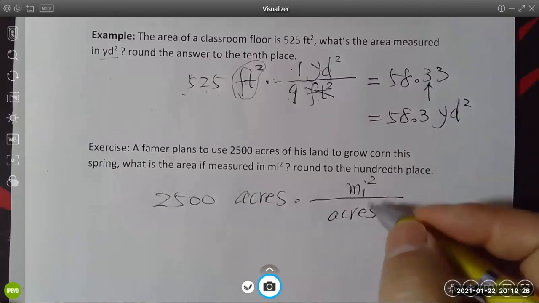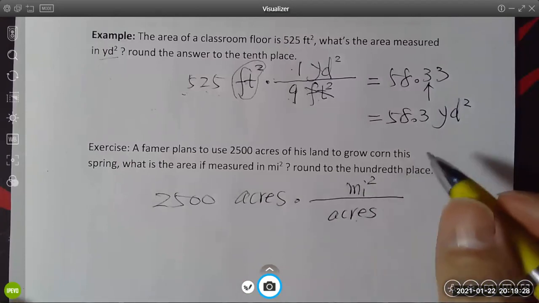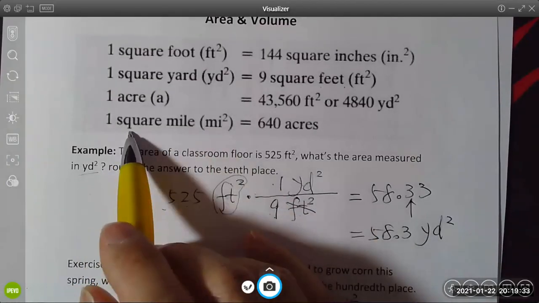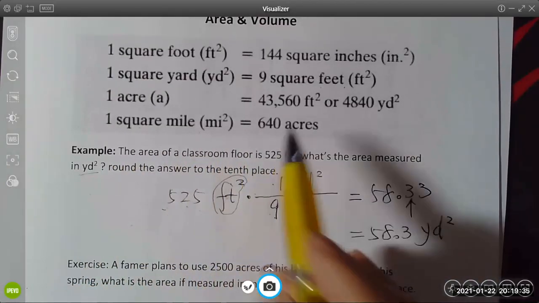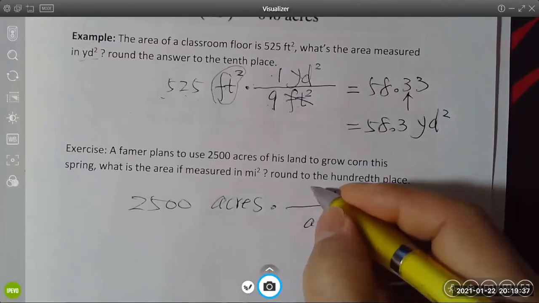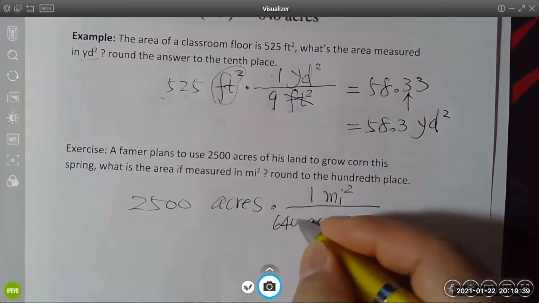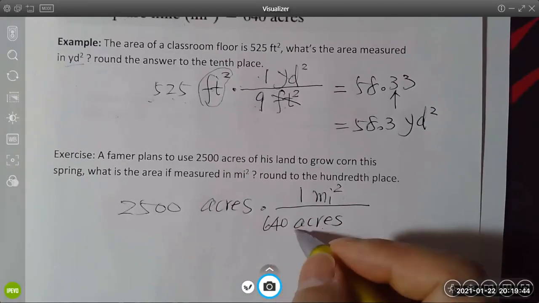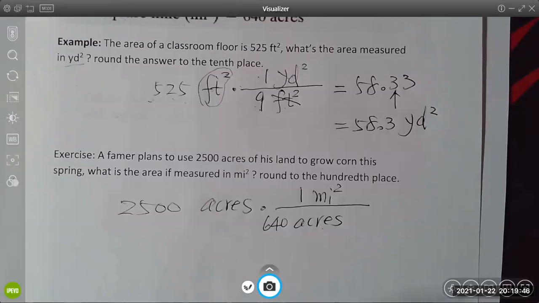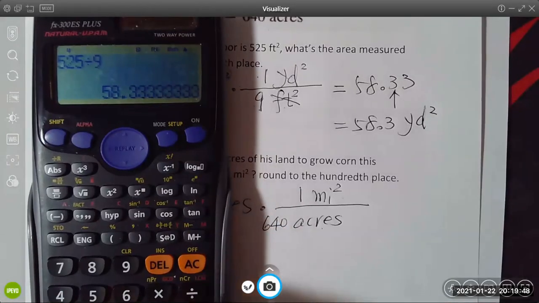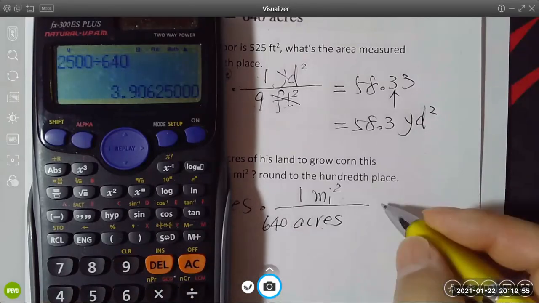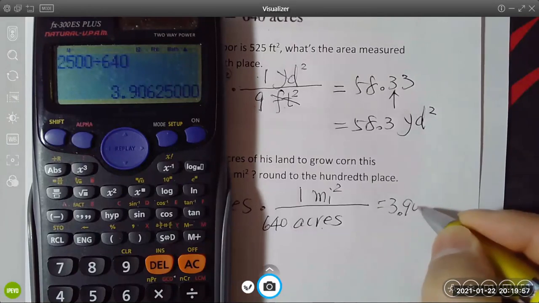Now all we need is the conversion factor between these two. 1 square mile equals 640 acres. Since the 640 is on the bottom, we divide by this number. So 2,500 divided by 640 is 3.906.